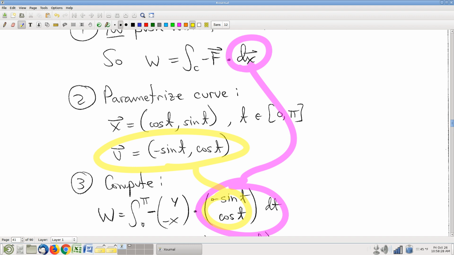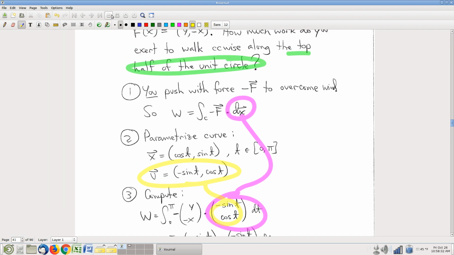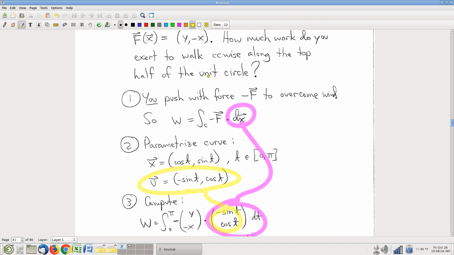F, okay, let's be careful with this one. Our integrand of negative f. Don't forget f is y comma negative x. So negative f is negative of y comma negative x.